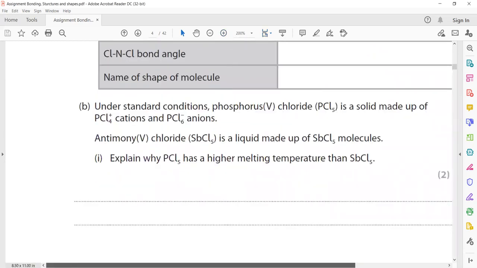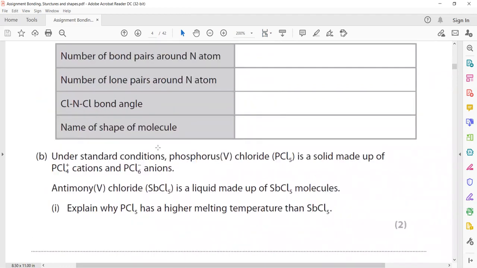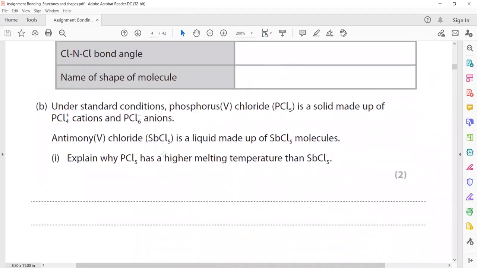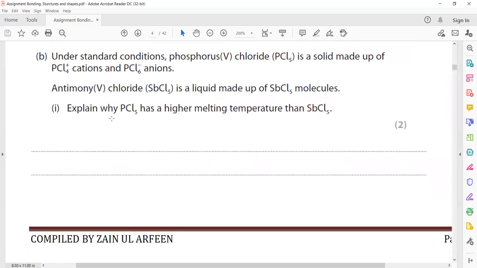In question 6, part B. Under standard conditions, phosphorus pentachloride PCl5 is a solid made up of PCl4+ ions and PCl6- ions. Antimony pentachloride is a liquid made up of SbCl5.